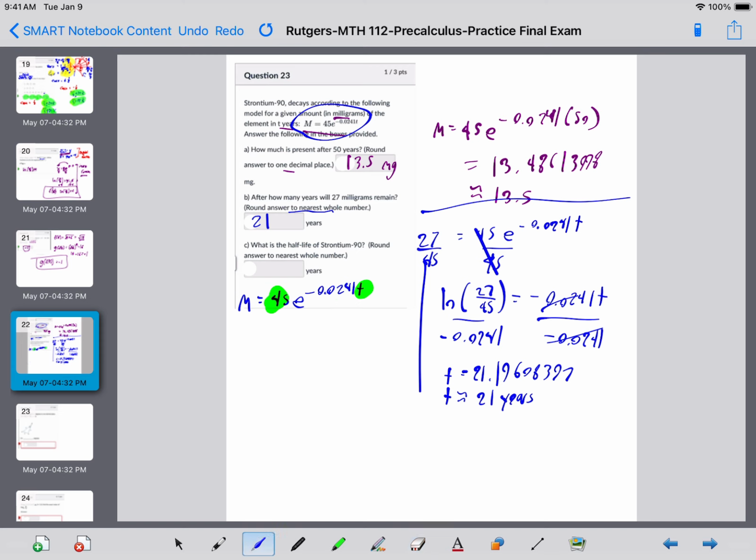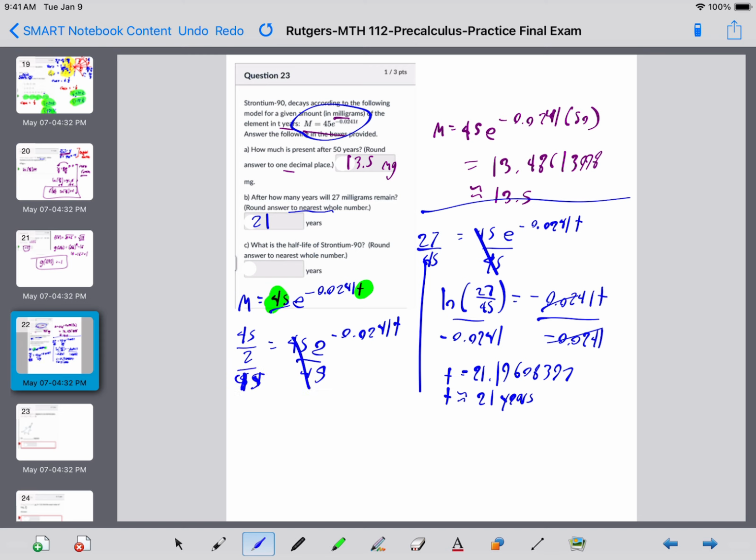So something you could do is you could say, well, at a certain point we're going to get 45 over 2 here. Divide by 45.